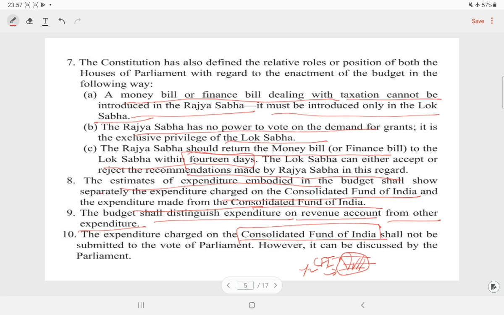Okay, and I will discuss it, but for now just think of Consolidated Fund of India as that. So the expenditure charged on Consolidated Fund of India shall not be submitted to vote of parliament. However, it can be discussed by the parliament. Okay, so whatever the expenditure which is charged should not go for vote in parliament. It can be discussed, but it cannot go for vote.